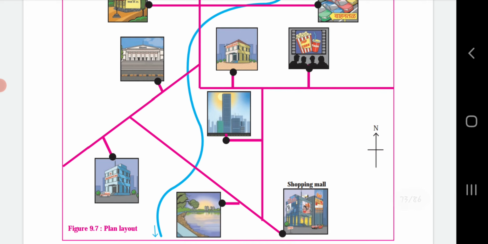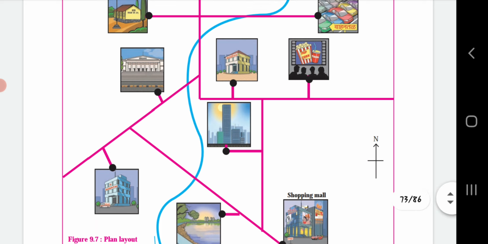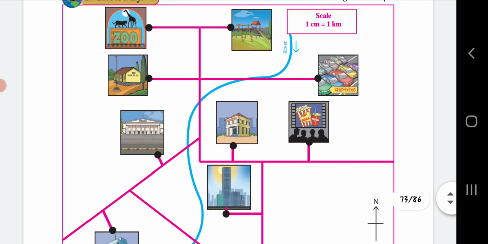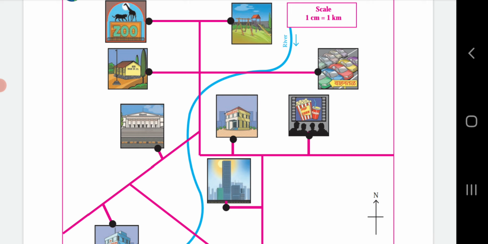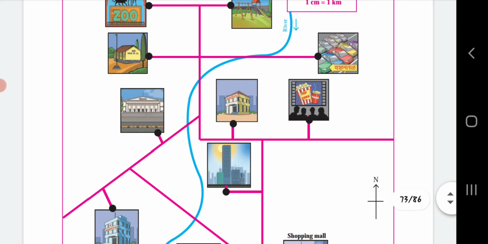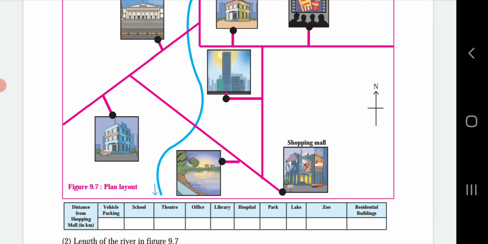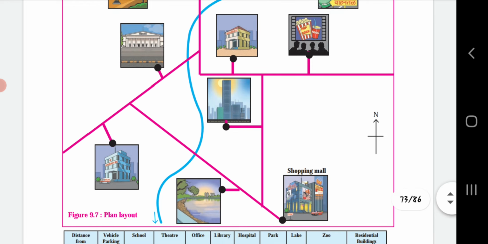Office, 1.3 plus 6.5 plus 1.5 equals 9.3 kilometer. Library, 9.8 plus 2.2 plus 0.5, that is equal to 12.5 kilometers. From shopping mall to hospital, 9.8 plus 1.7 plus 1.2, that is equal to 12.7 kilometer.